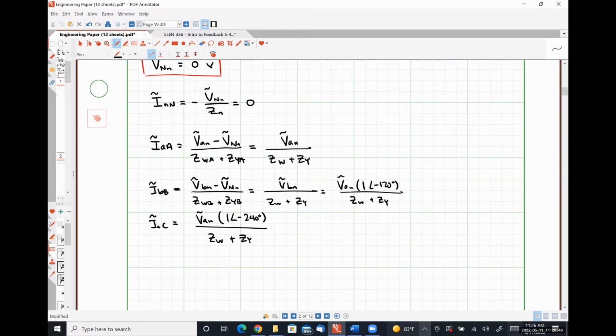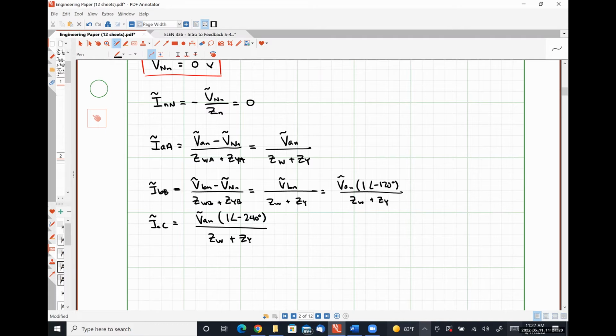So what that means is that all of our line currents are balanced as well, meaning they all have the exact same magnitude and they have 120 degrees of phase separation between them. So in a balanced three-phase system, the source side being balanced and our load and transmission line being balanced causes all of our line currents to be balanced.